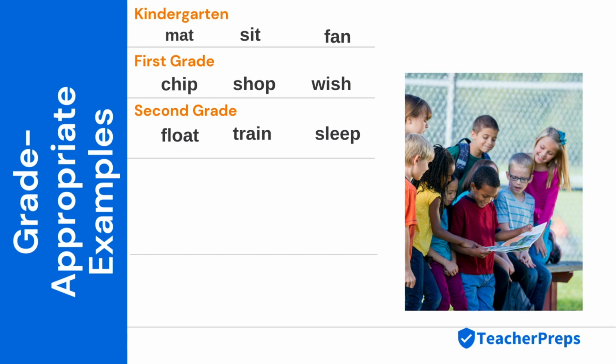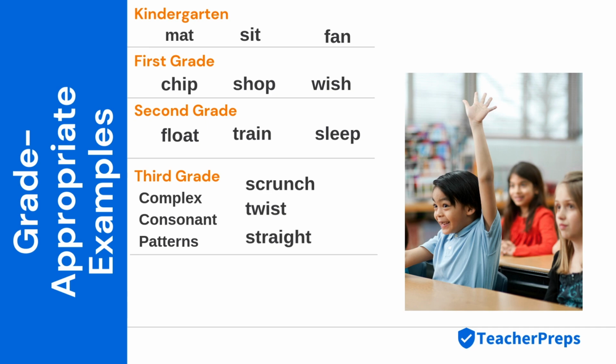In second grade, our students will begin to read, or us teachers will begin to teach our students to read words like float, train, sleep. These words may involve blends or vowel digraphs, but still follow phonetic rules that students at this level can now decode.